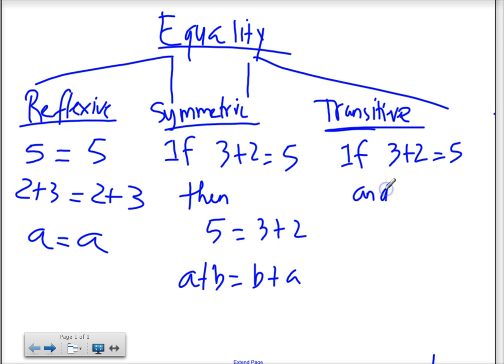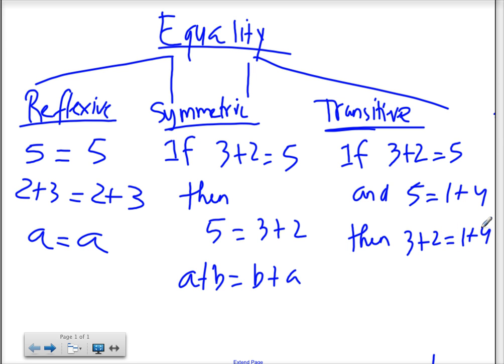And, I'm sorry, 5 equals 1 plus 4. Do we agree on that? Then can we conclude that 3 plus 2 is the same thing as 1 plus 4?